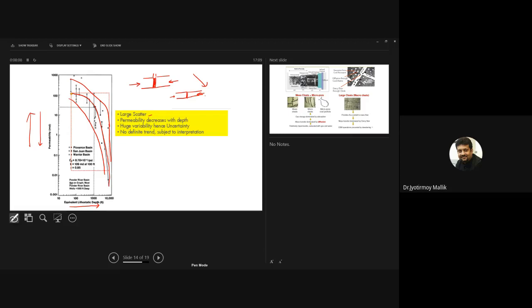So, what happens in this case physically, if I want to understand, I have to coin two terms here. One we call matrix shrinkage, and the other one is called matrix swelling.